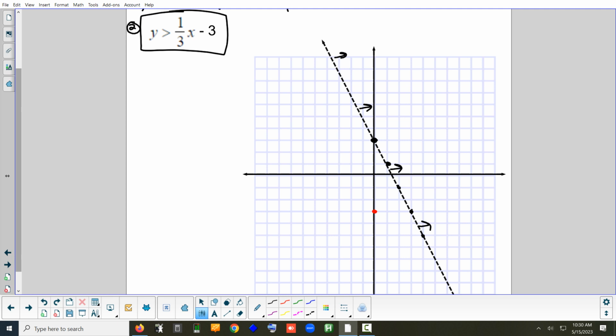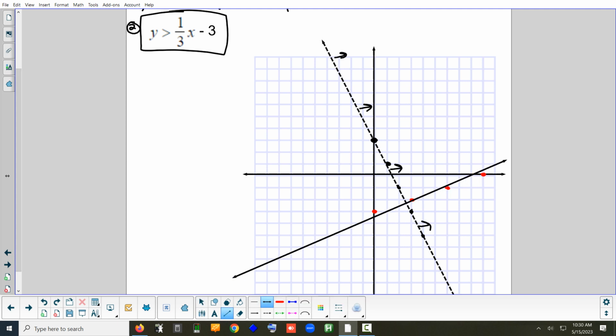We're going to go up 1, right 3. Up 1, right 3, up 1. You don't have to do it that many times, but there we go. Is that going to be solid or dotted? Yep, it's going to be dotted.